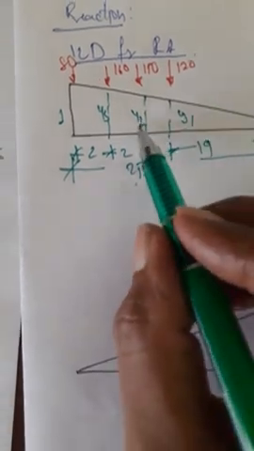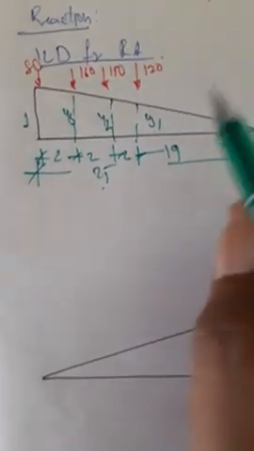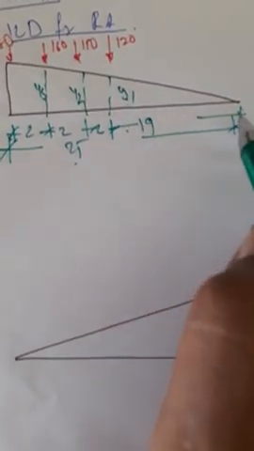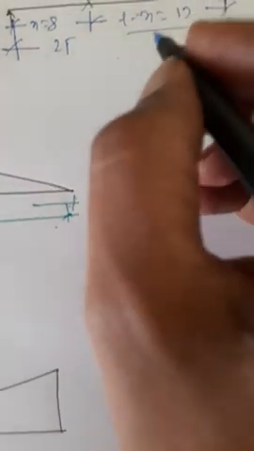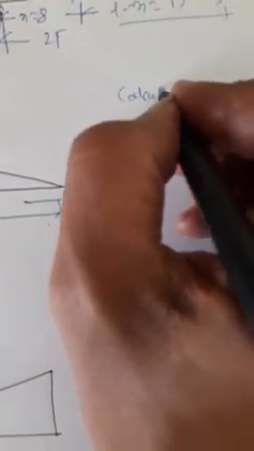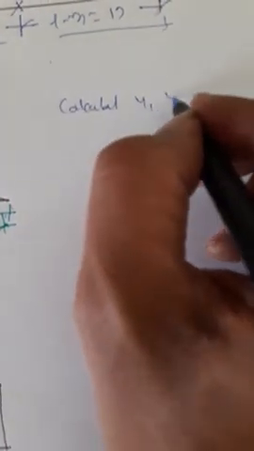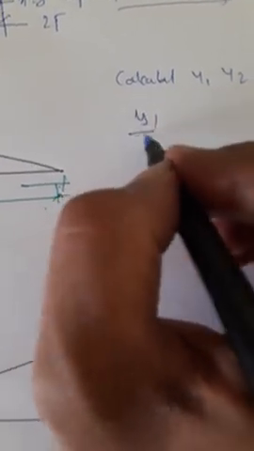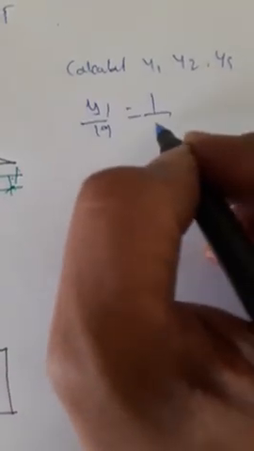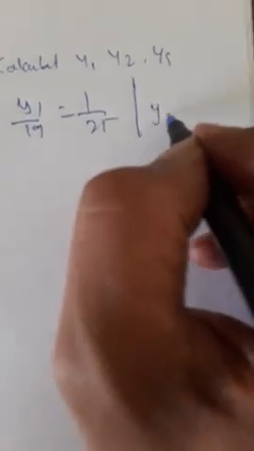Now calculate y1, y2, y3. y1 divided by 19 is equal to 1 divided by 25. So I have y1 is equal to 0.76.